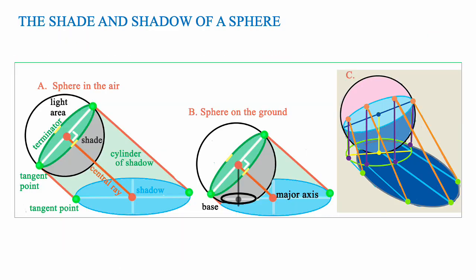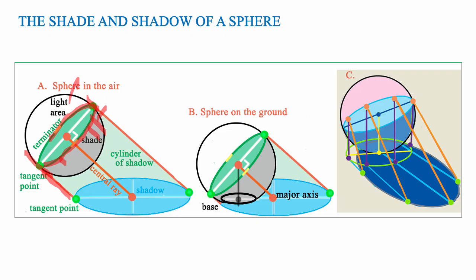Now let's talk about the edges on the shade and shadow of a sphere. So these orange lines represent light rays that just graze by this sphere, and it grazes all around the sphere so that it forms what I call a terminator on the sphere that divides the light area from the shade.